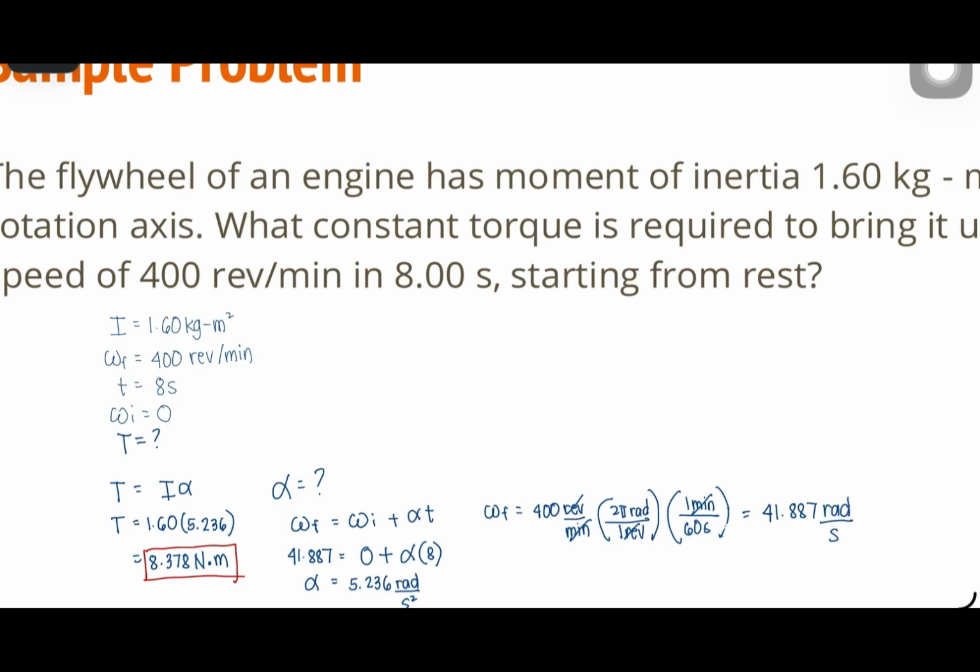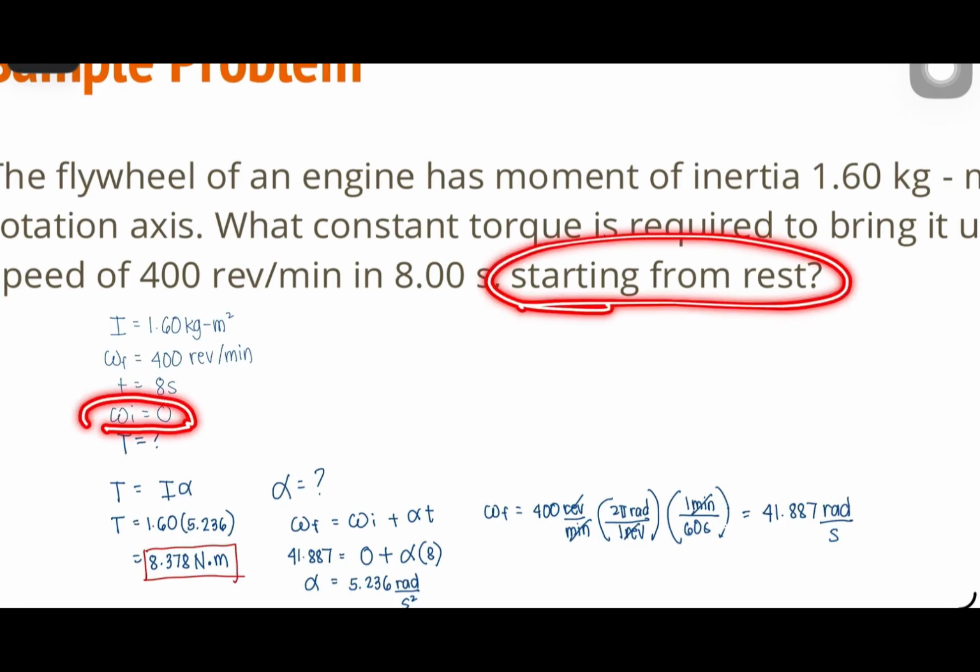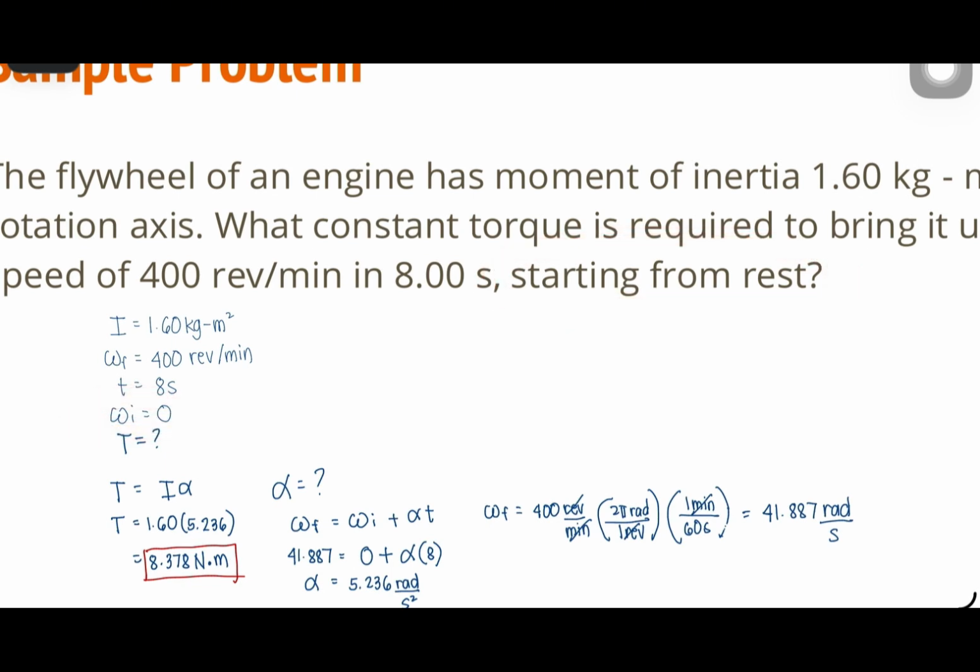Specifically, ito is yung final angular speed, 400 revolution per minute, kasi mag-start siya from rest. So, ibig sabihin, yung angular speed initial or omega i is equal 0. Then, yung given na time is 8 seconds. The unknown variable is the torque.